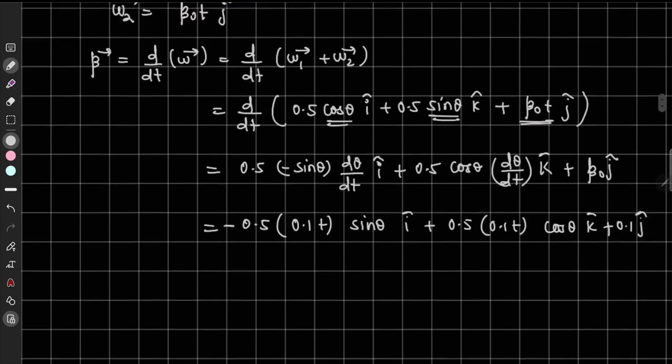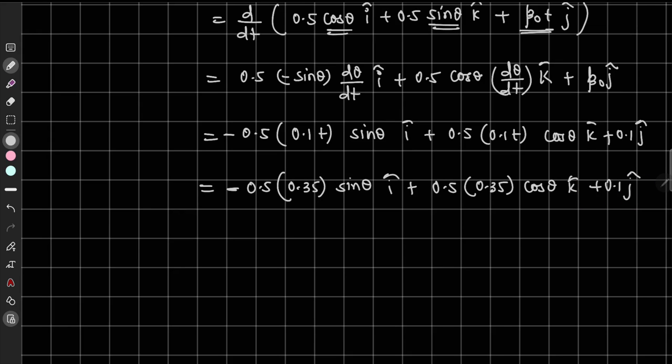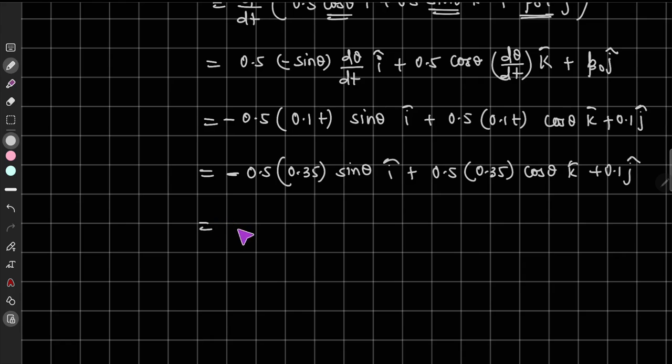So let us substitute it here. We will get minus 0.5 into 0.35 into sin theta i cap plus 0.5 into 0.35 cos theta k cap plus 0.1 j cap. So from here we will get minus 0.175 sin theta i cap plus 0.175 cos theta k cap plus 0.1 j cap.